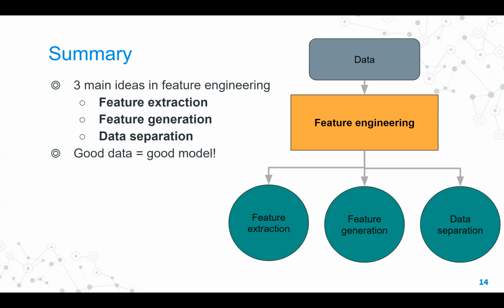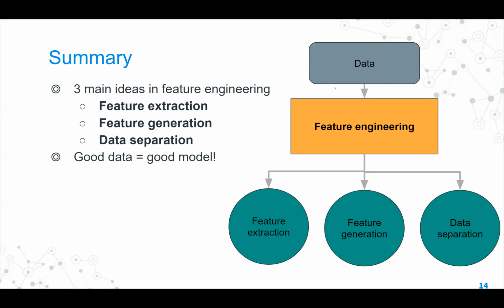So here's just a summary before I go into more in-depth concepts about feature engineering. There are three main ideas of feature engineering, which are feature extraction, feature generation, and data separation, as I touched upon in the slides. Every time we have data, we want to make sure we do at least some aspect of feature engineering.